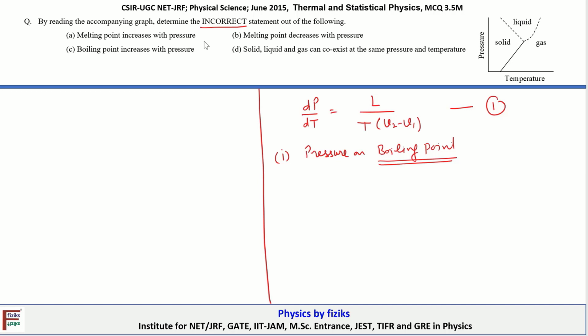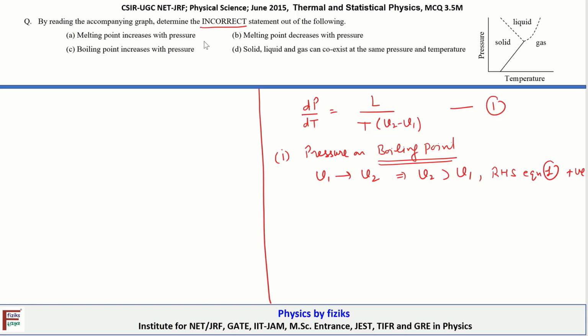When water boils, its volume changes from V1 to V2. V1 corresponds to the liquid phase of water, and it changes into vapor. So V2 is greater than V1, and therefore the right hand side of equation 1 is a positive quantity for this situation.